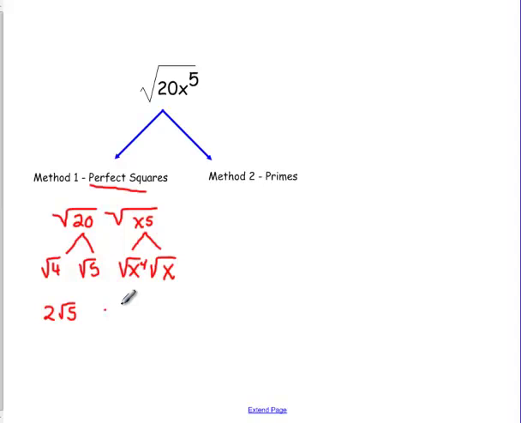The square root of x to the 4th is x squared, and then poor little x right here doesn't have anybody to take a square root of. So now if I put it all together, I have a 2 and an x squared that goes on the outside. And what's left over in parentheses? A 5 and an x.